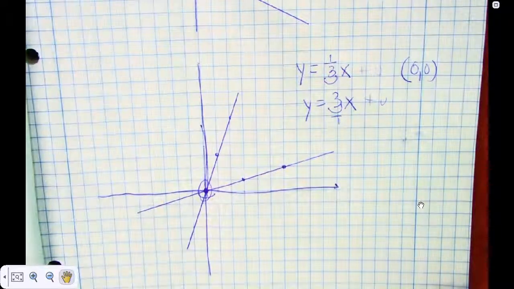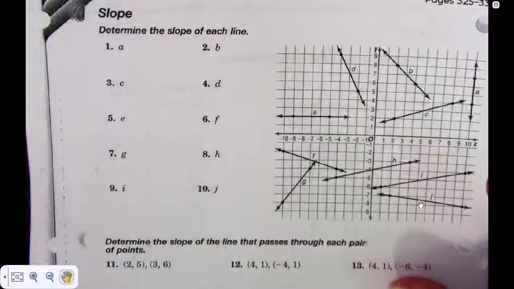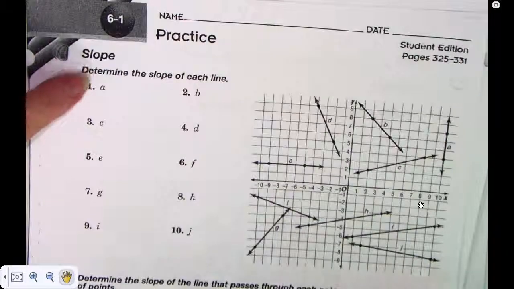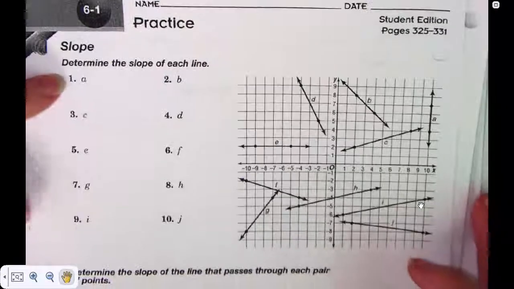Okay, erase your board. Put it to the side. Look on the back of the page you just got. Look on the back first. 1 is A. We've got to go get the slope.